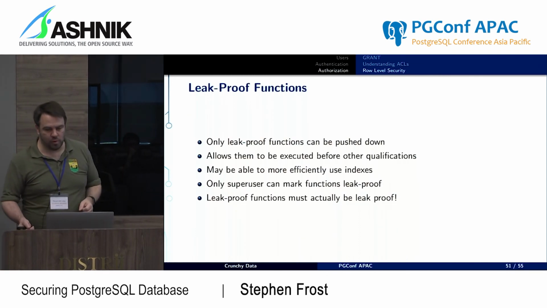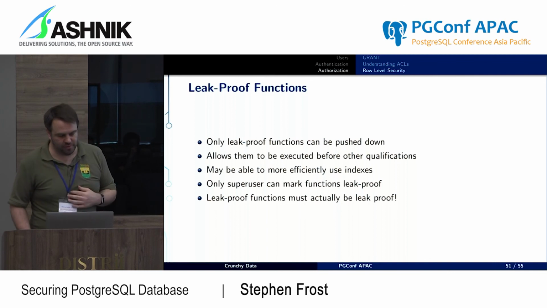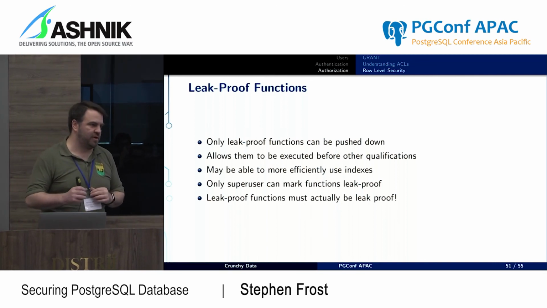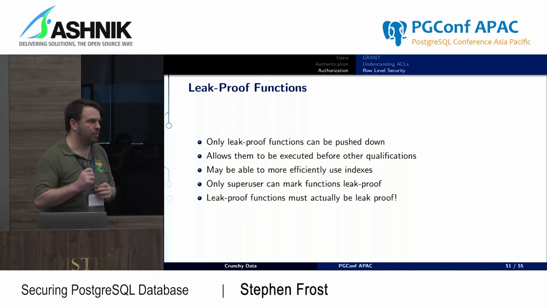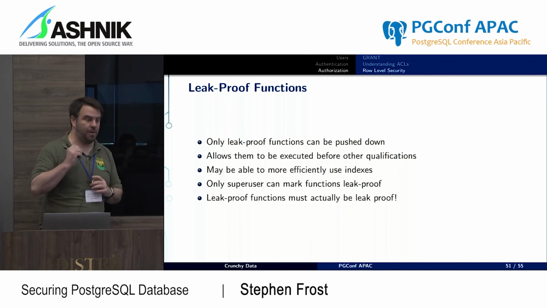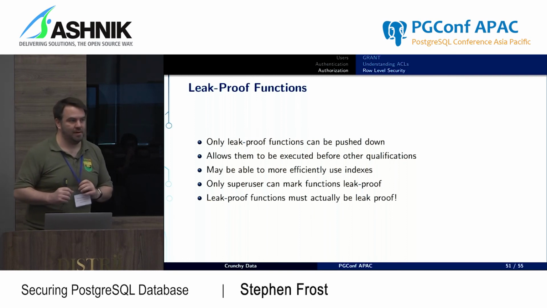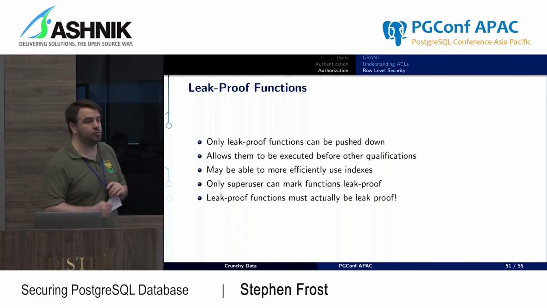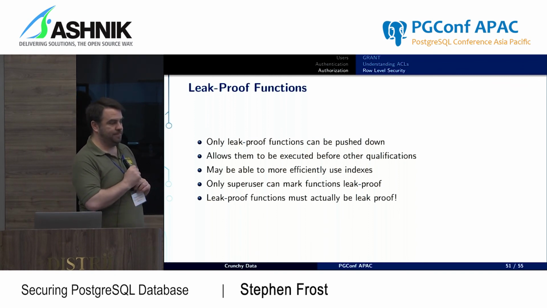All right, so real quick, I'm going to talk about leak-proof functions. Leak-proof functions are really important when it comes to row-level security because they're allowed to be pushed down below the row-level security policies, right? And what that means is that leak-proof functions can see data that the user should not be able to see.